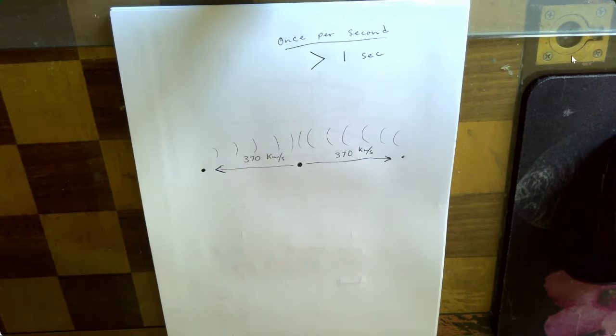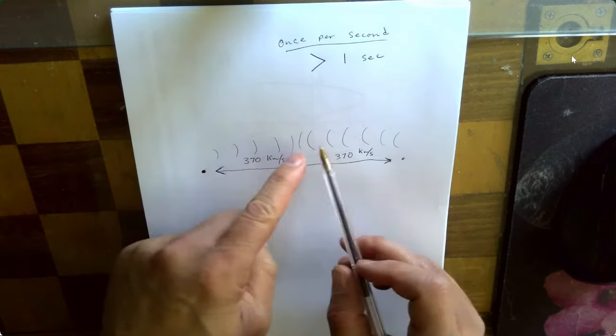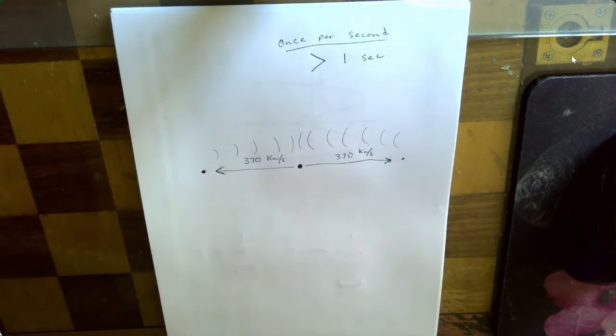And I do have to point out that some accommodation will have to be made because of the Doppler shift. So both of these vessels sending a signal back, the signal is going to be Doppler shifted because of their velocity.